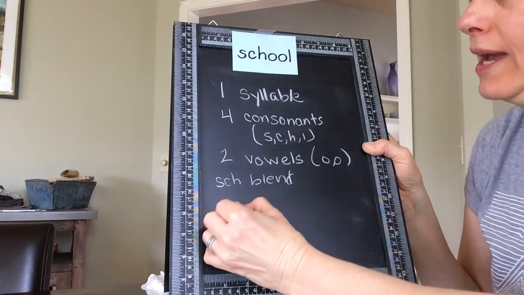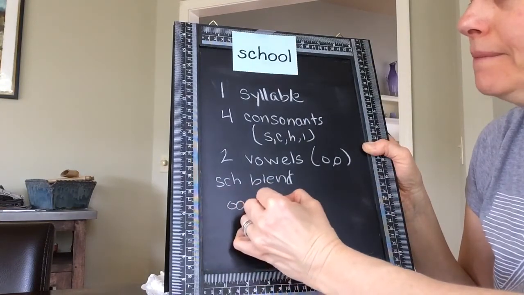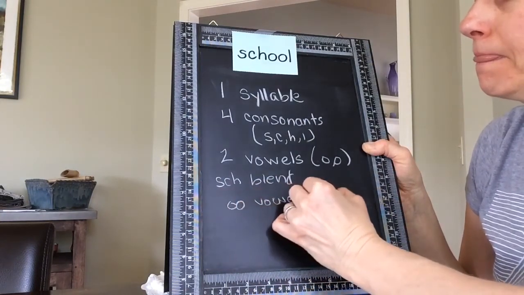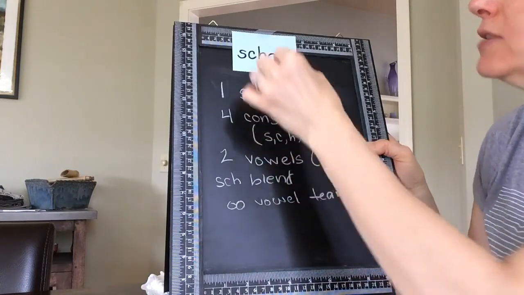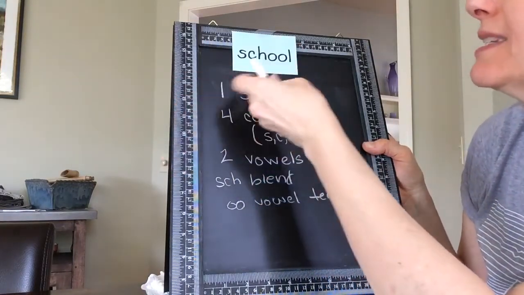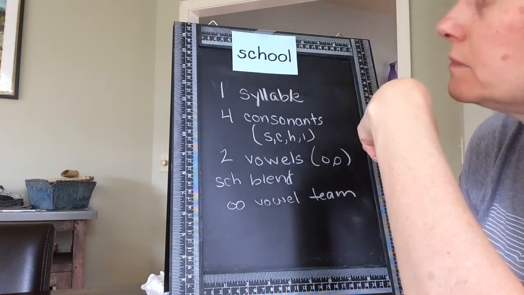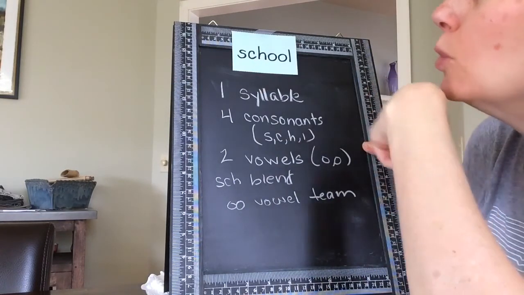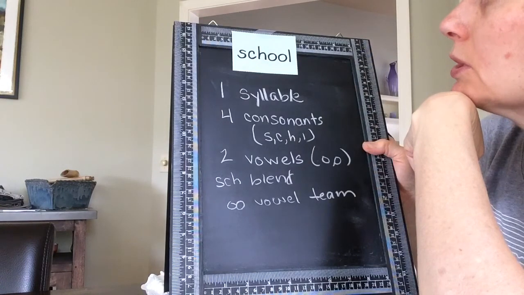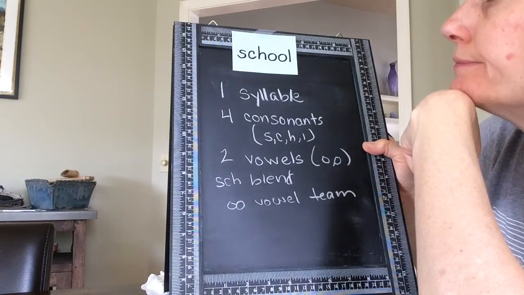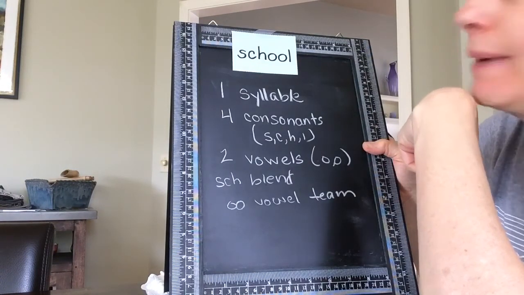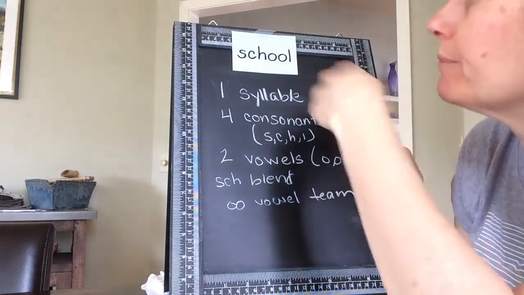That OO, right? OO vowel team. And school would rhyme with, oh, it kind of sounds like cool, or stool, or pool, or I'm trying to think what else. Anyway, there's a lot. I bet you can even come up with more.